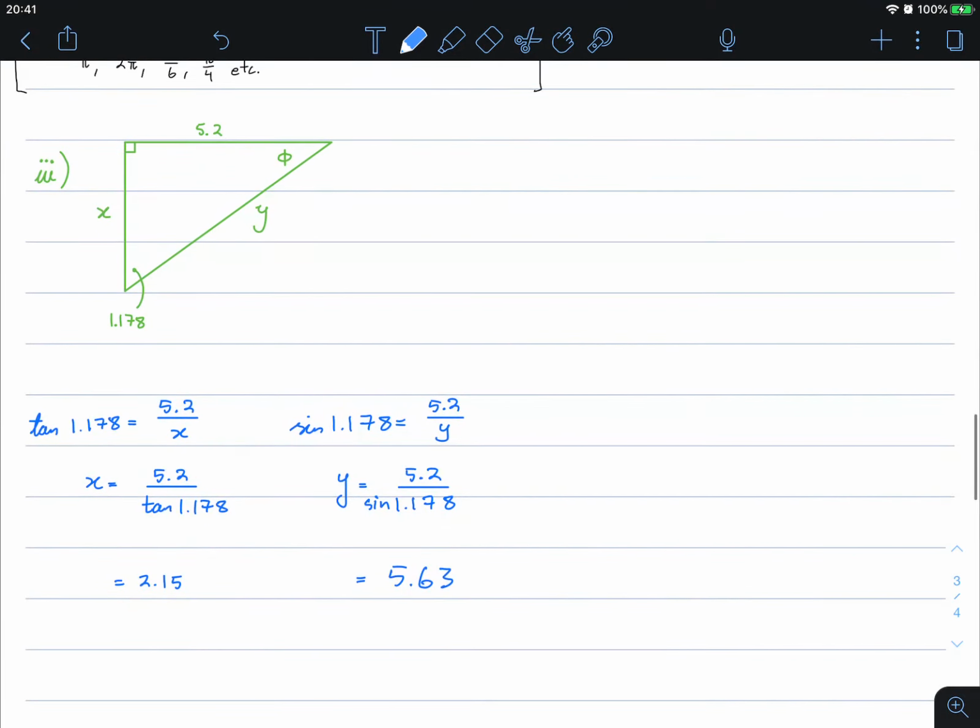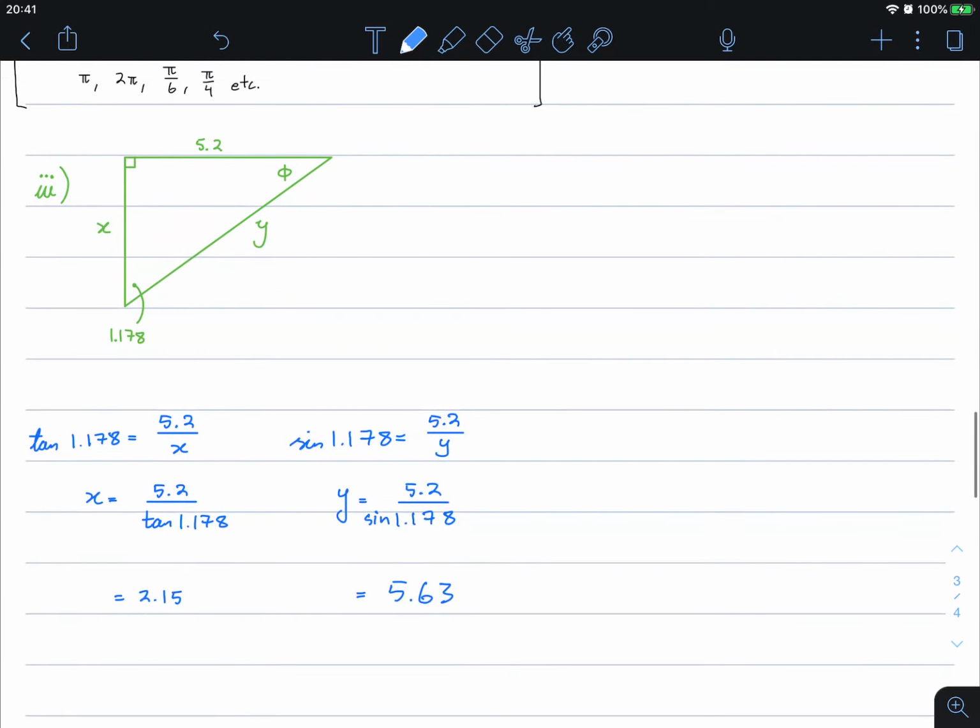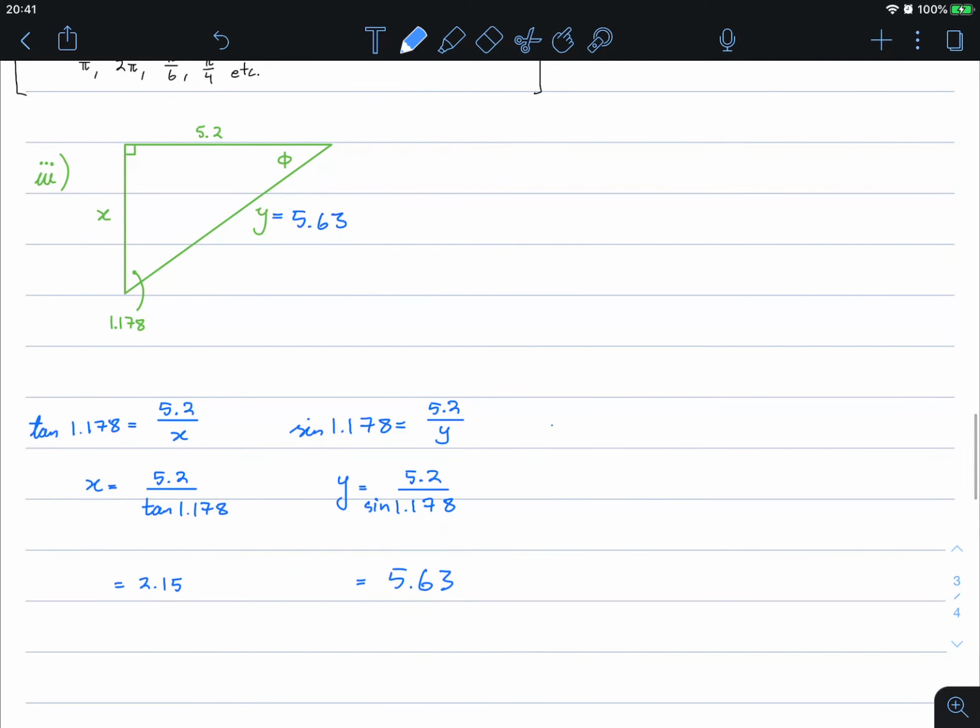Now to solve for phi, we could use this in radians. So now that we have y, which is equal to 5.63, we could use cosine of phi is equal to adjacent over hypotenuse, so 5.2 over 5.63.